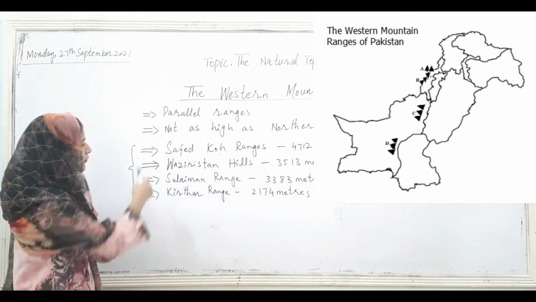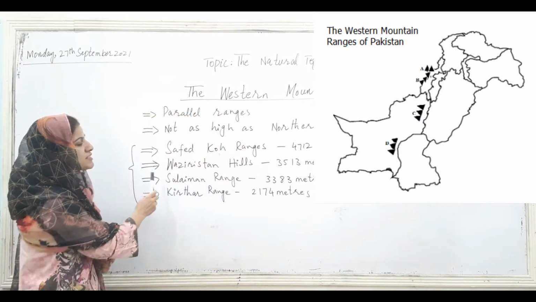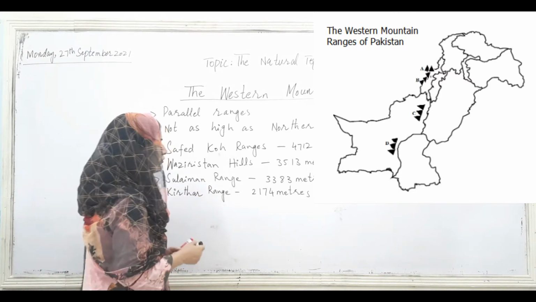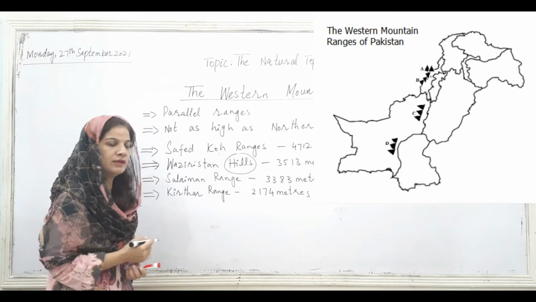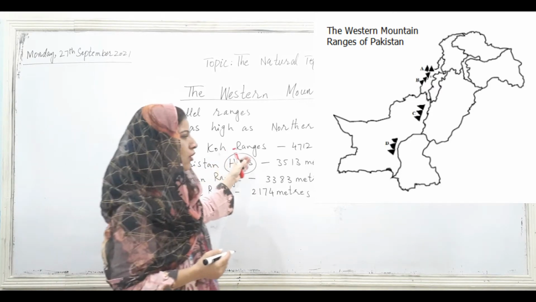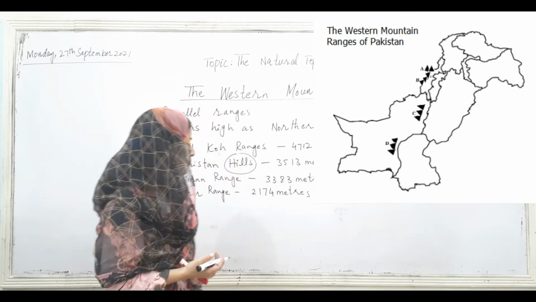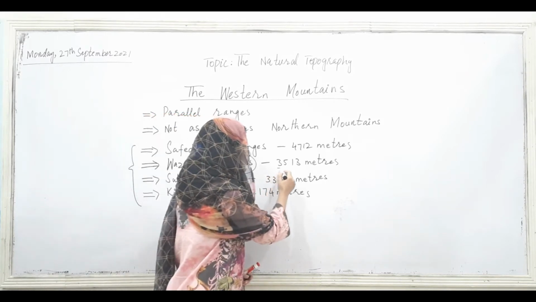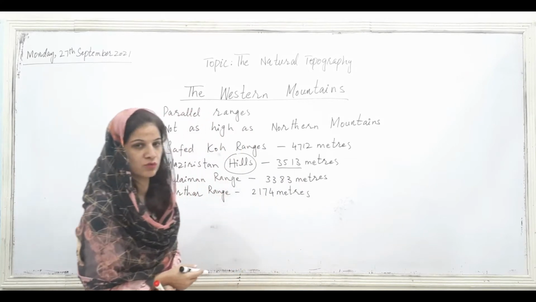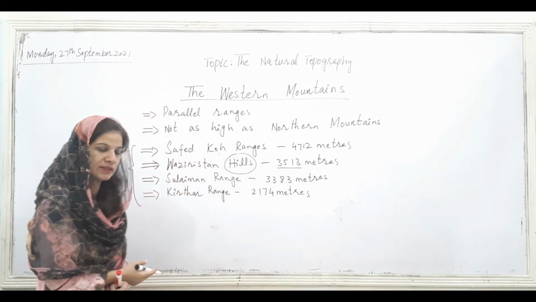Then after Safeco range there is Waziristan hills. As you are observing, the name hills is mentioned there. Hills mean the height of these ranges is not as high as Safeco, and it is approximately 3,513 meters. So the average height is 3,513 meters.